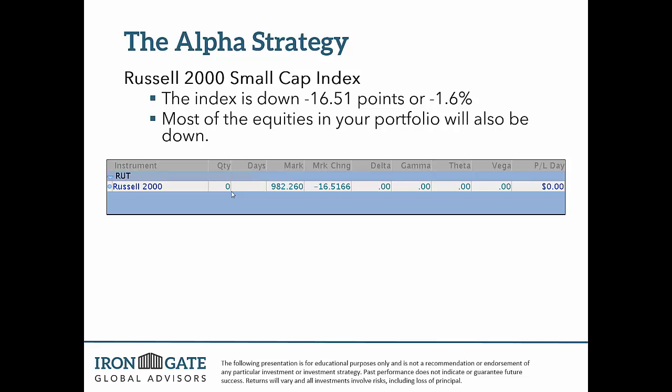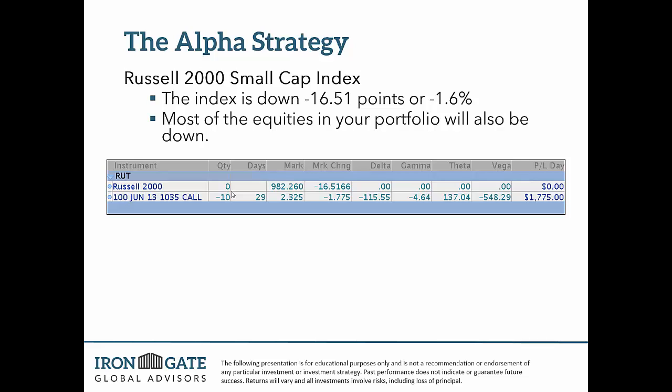Well, we know if we sell a call option, and in this case, we sold a June 1035 call. Now, the Russell 2000, and this was a while ago, was selling at 982, and we sold a 1035 call. Now, think about this for a moment.